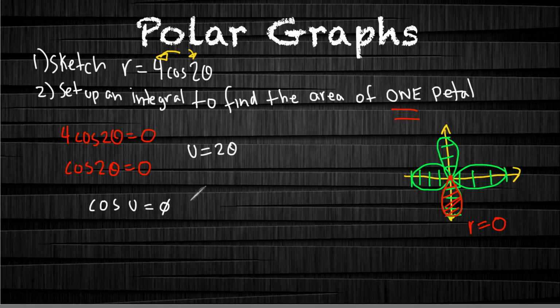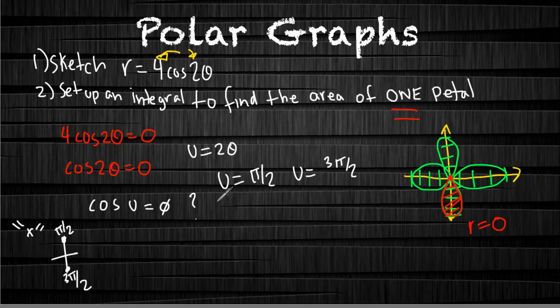So where is the cosine equal to 0? Well, the cosine is your x coordinate, so that would be 0 at pi over 2 and 3 pi over 2. So u is going to be pi over 2 and 3 pi over 2.